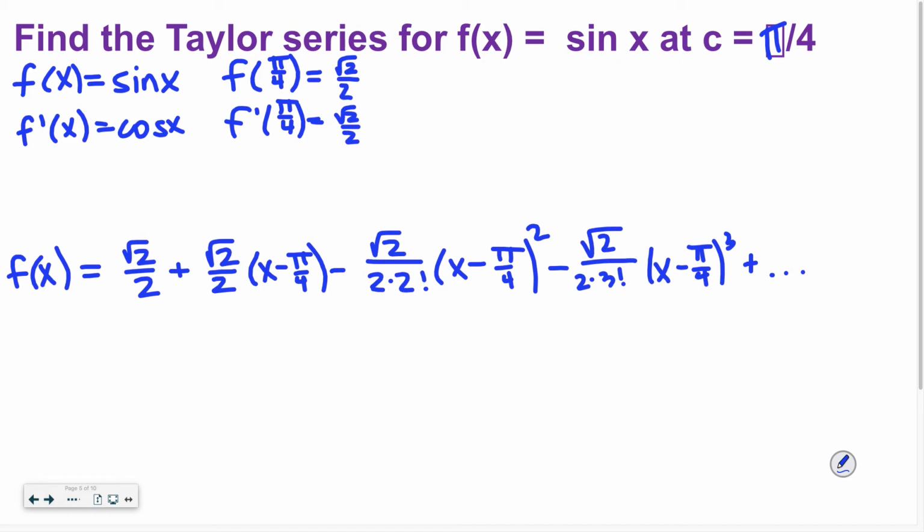What do they all have in common? Radical 2 over 2. So do we factor that out?